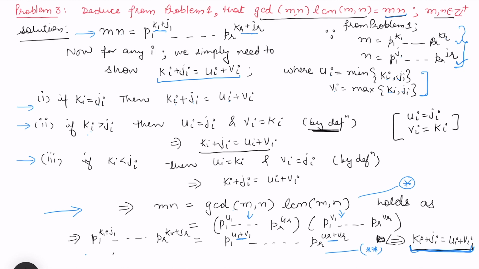And in a similar way, for Ki less than Ji, we can get this expression. So it is very clear that from problem number 1, this result also holds. Even there, we can prove this result by the divisibility test. But here we wanted to use actually the applications of the divisor function, which arises in the tau cases.